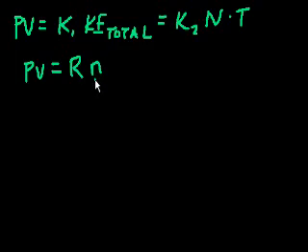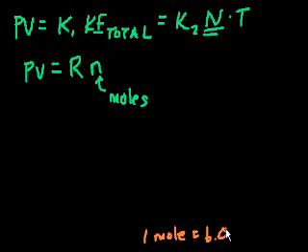And when I write small n here, before I was just saying the absolute number. So if I had 5 molecules, I'd put a 5 here. But now this n, I'm counting in moles. So if this n is 1, that means I have 6.022 times 10 to the 23 molecules. 1 mole equals 6.022 times 10 to the 23.